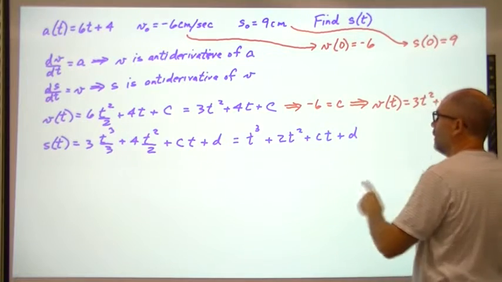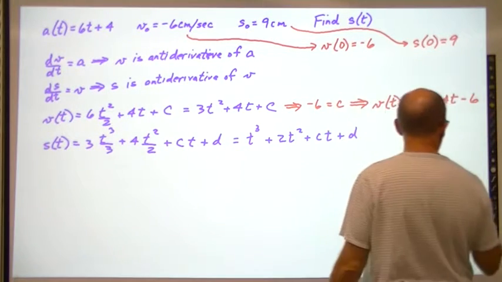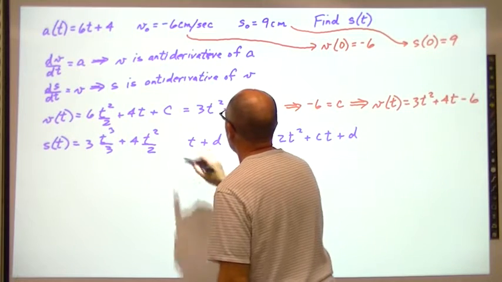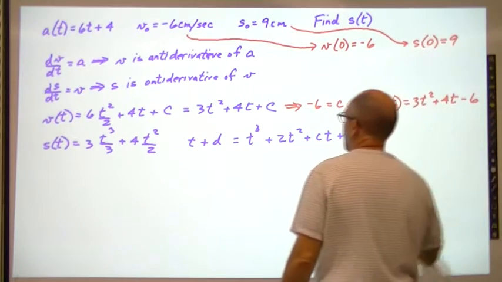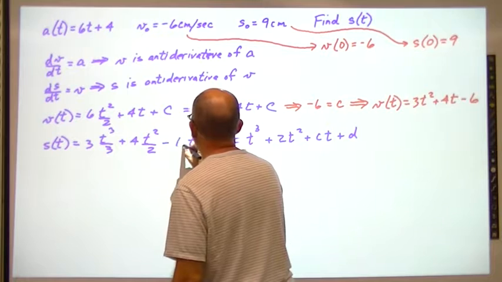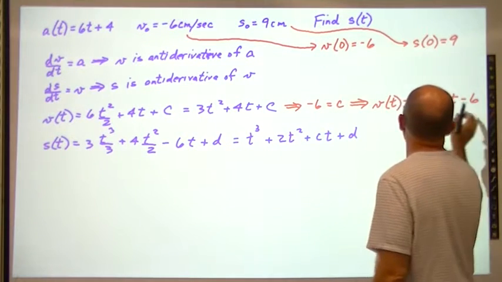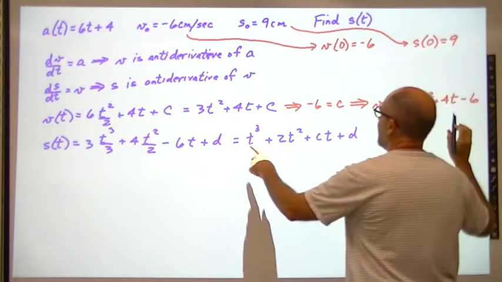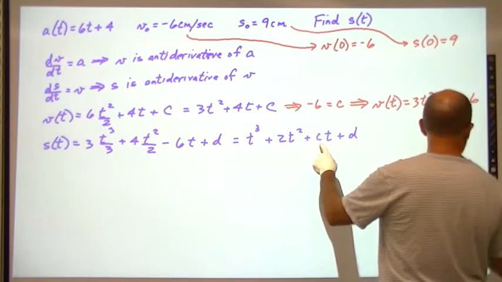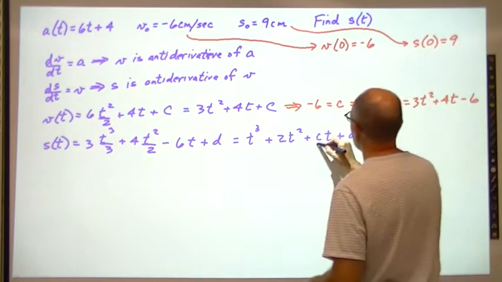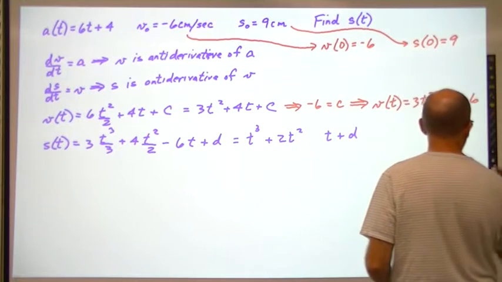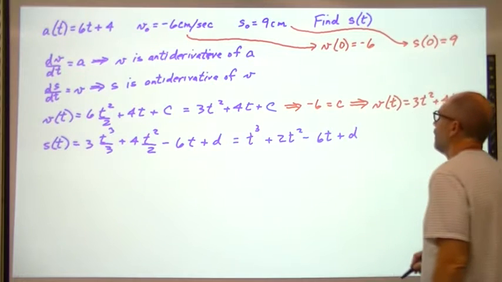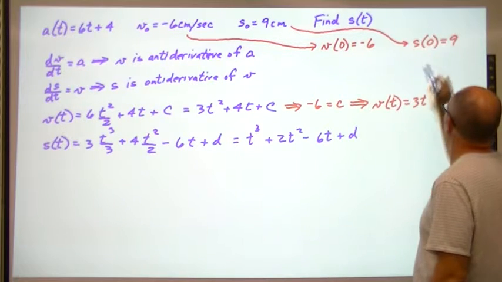Now, I go down here, and this isn't just plus ct, it's going to be minus 6t, because that's what I just found out my constant was. And then this becomes minus 6t also. Now, I need to find d.